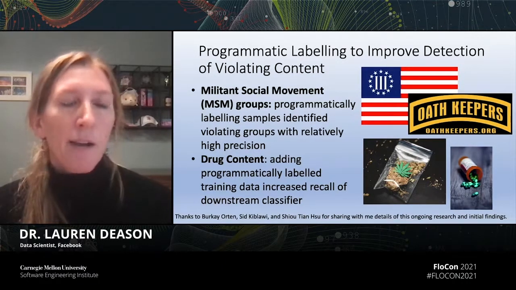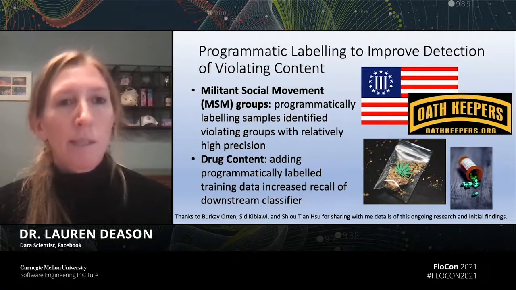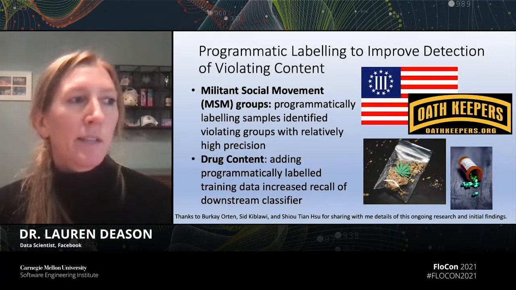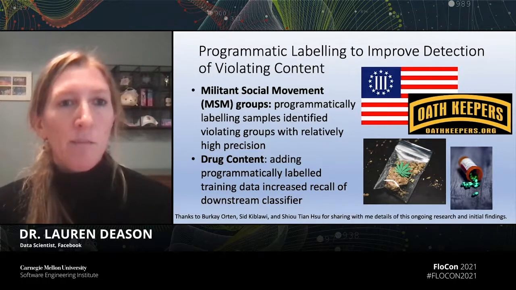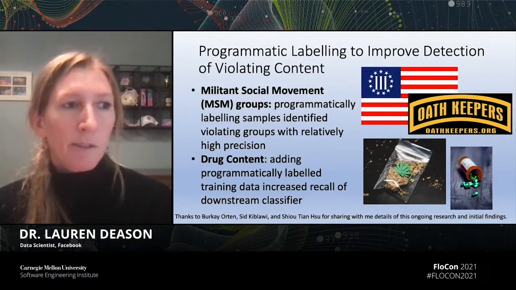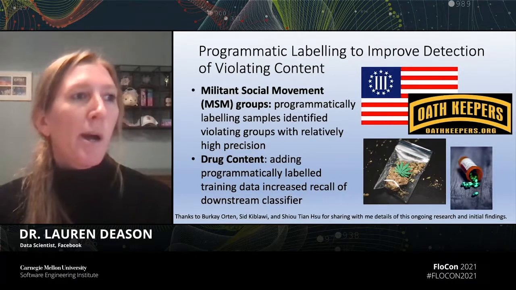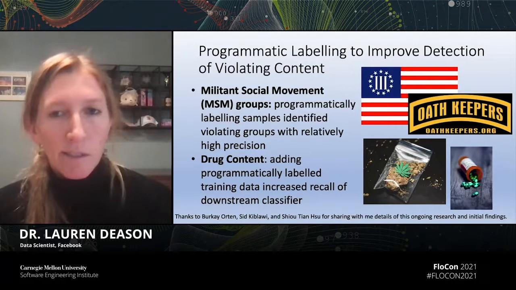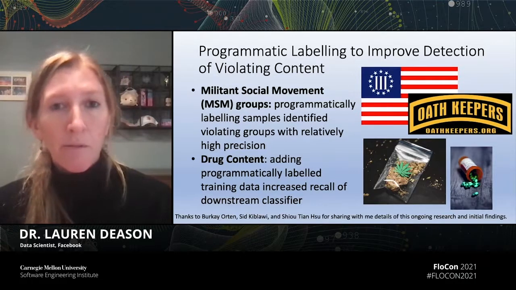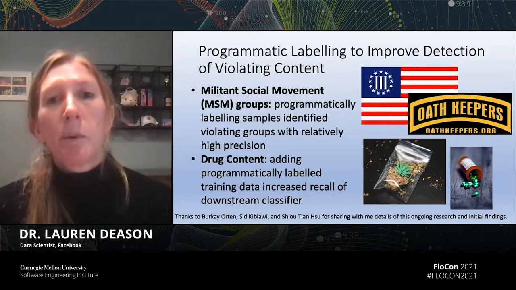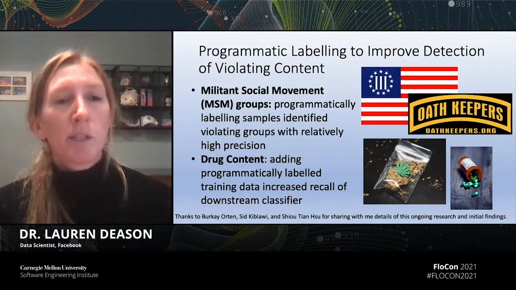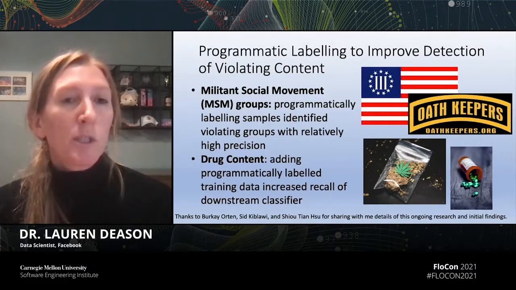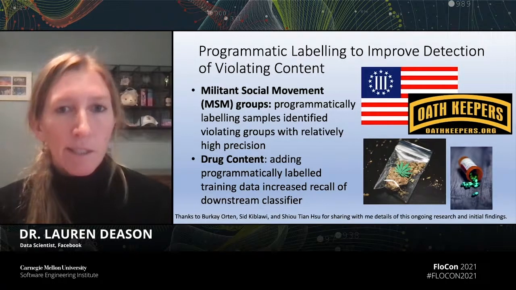And again, the fact that what would be considered a true positive here might be changing over time, as in these cases, actors might use a lot of code words, for example, to evade detection. And they can easily adapt to new code words once the old ones are detected by Facebook. So it's important to have the machine learning models here constantly being retrained, which requires large volumes of data.